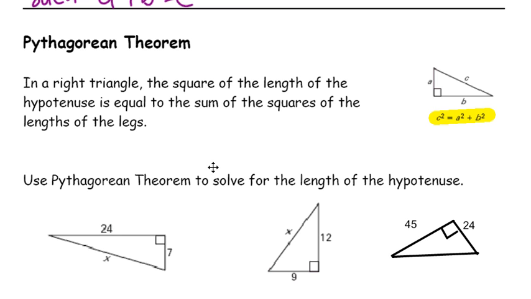So let's go ahead and use the Pythagorean theorem to solve for the length of the hypotenuse in each of these triangles. So we would say that the hypotenuse x squared equals 7 squared plus 24 squared. I'm going to let you go ahead and solve this. So go ahead and hit pause and come back when you have an answer.